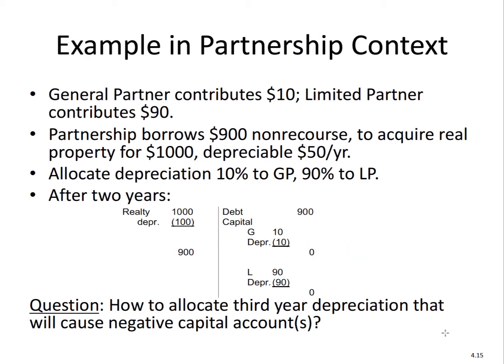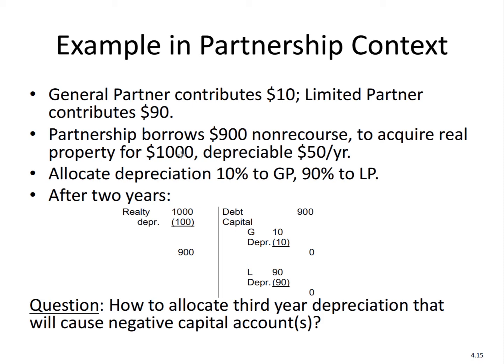So let's look at an example in the partnership context. Let's say we form a partnership. It's a limited partnership. The general partner contributes $10 and the limited partner contributes $90 of cash. So right now the limited partnership has $100. The partnership borrows $900 on a non-recourse basis to acquire real property.